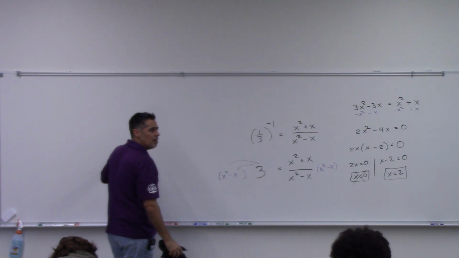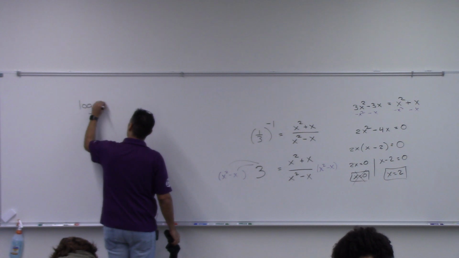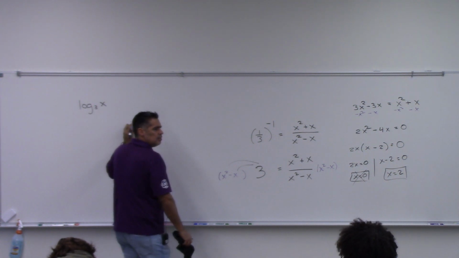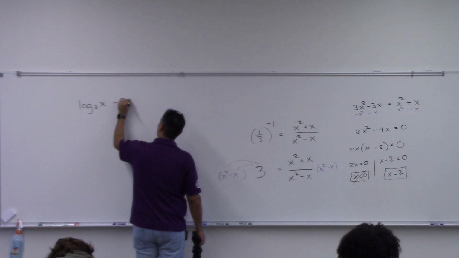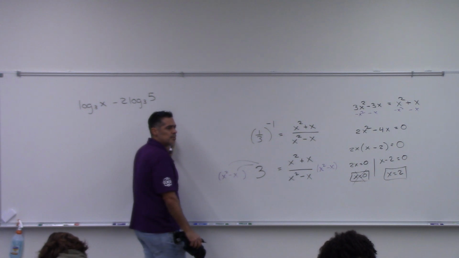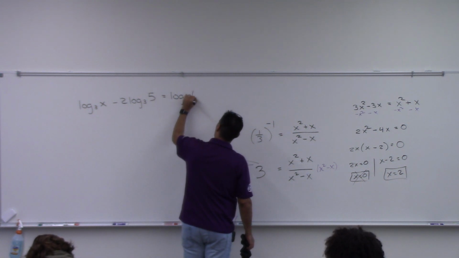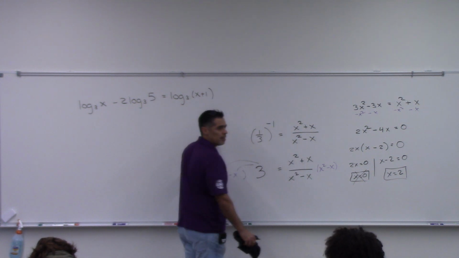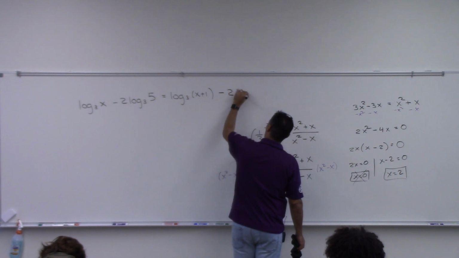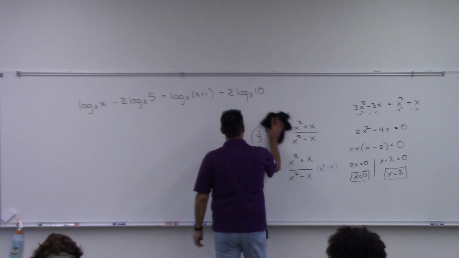Number 38 is log base 3 of x minus 2 log base 3 of 5 equals log base 3 of x plus 1 minus 2 times log base 3 of 10. All right, I have all that there.